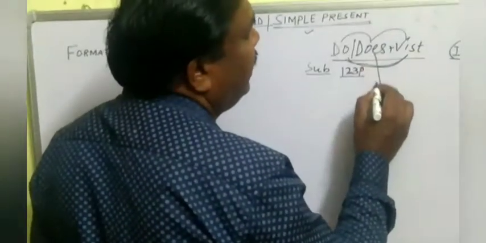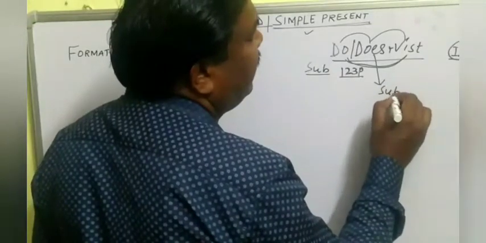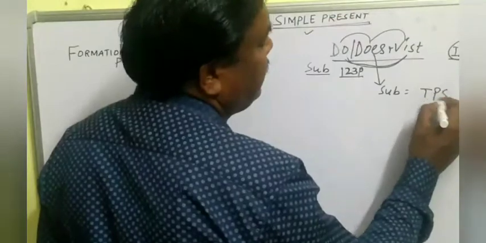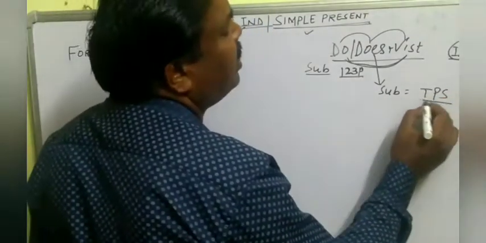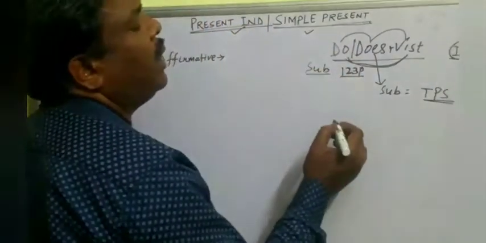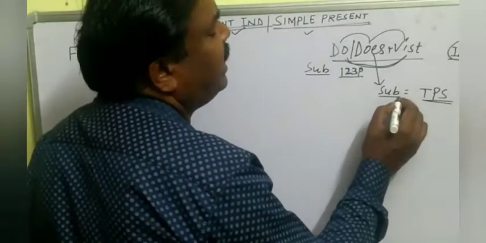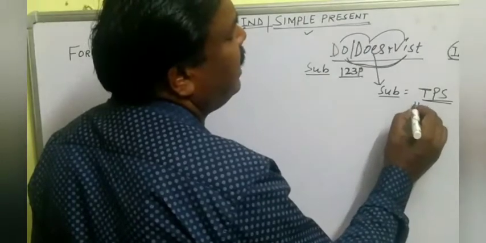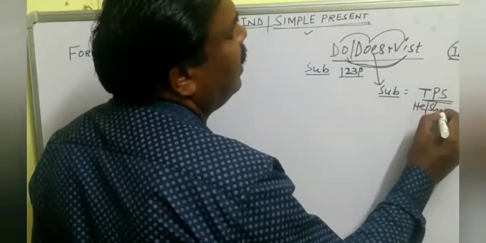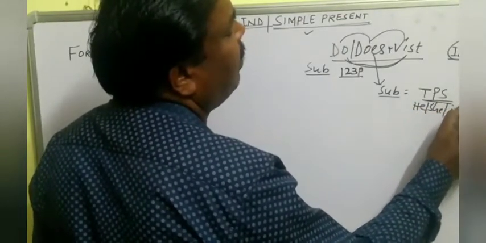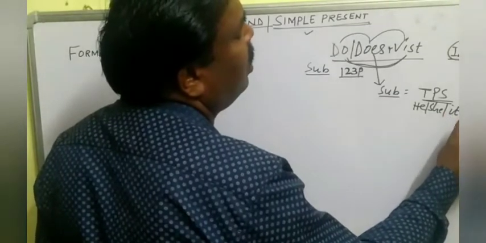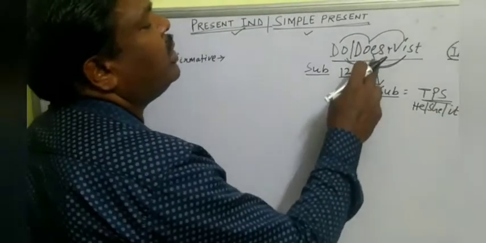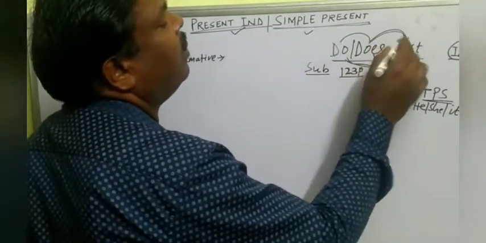If the subject is TPS, means third person singular number, means he, she, it or any name, then we use does plus first form of verb.